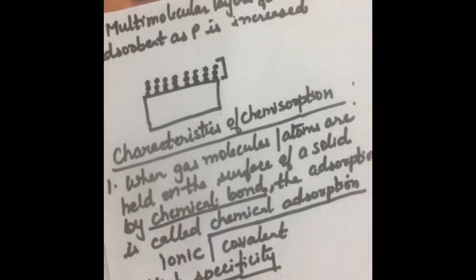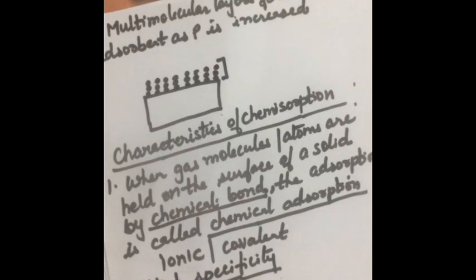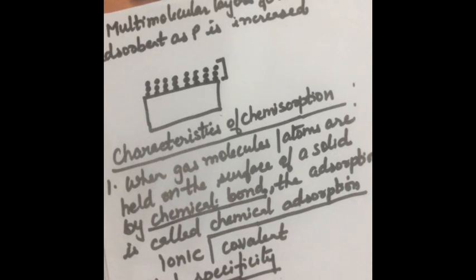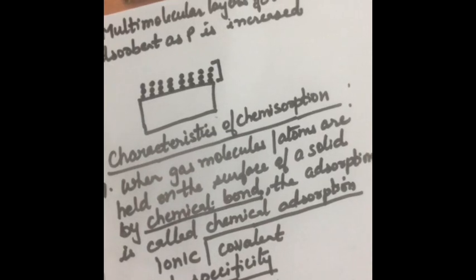If between this adsorbent and adsorbate there is a possibility of forming a bond, then only chemisorption will take place. So this is highly specific in nature. It's not that any adsorbate can link to the surface of any adsorbent.